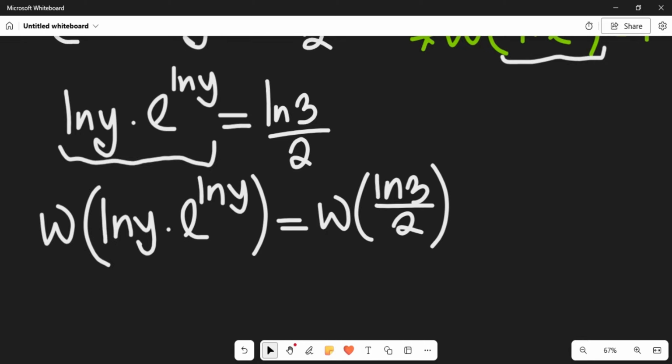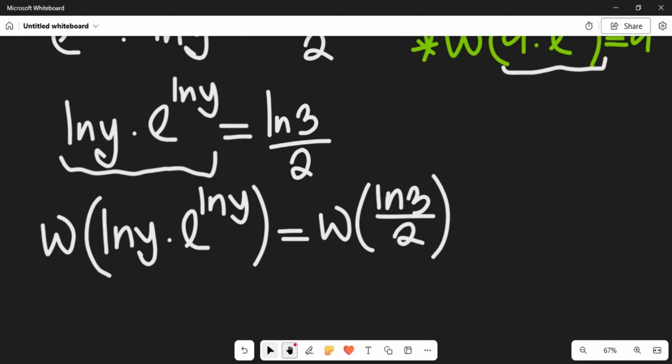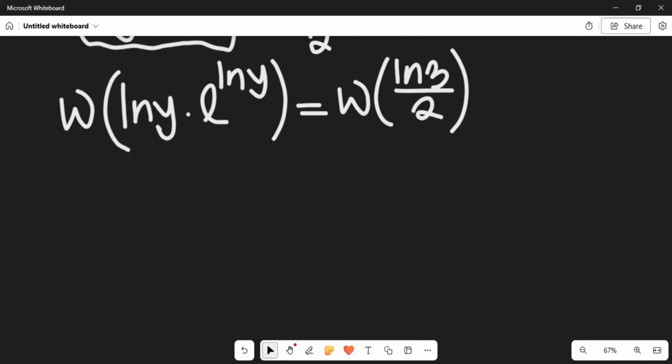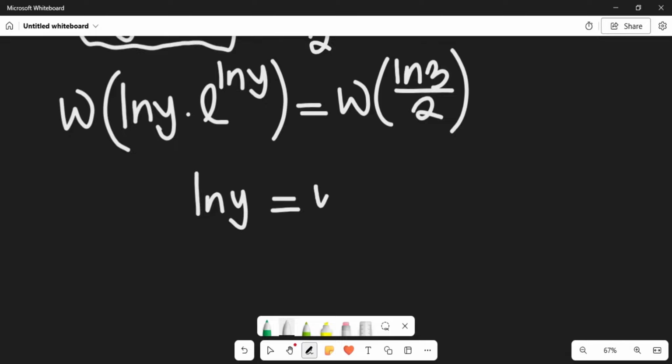Now, considering the Lambert W function, this whole thing will simply give us the value of ln y, right? And this will be equal to the Lambert W of ln 3 divided by 2. And that is what that expression is going to give us.